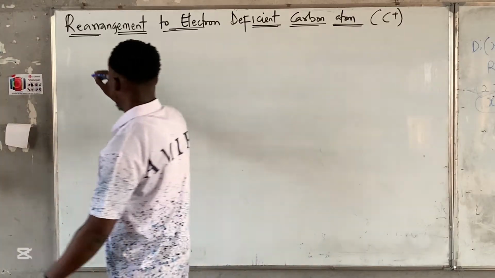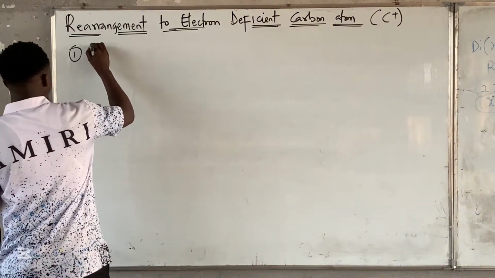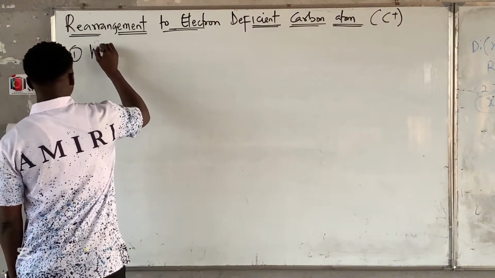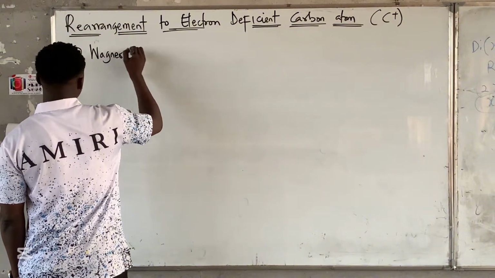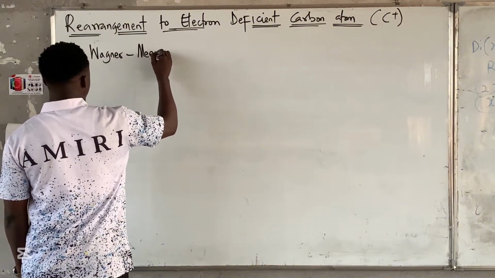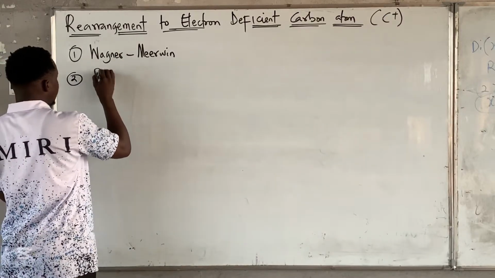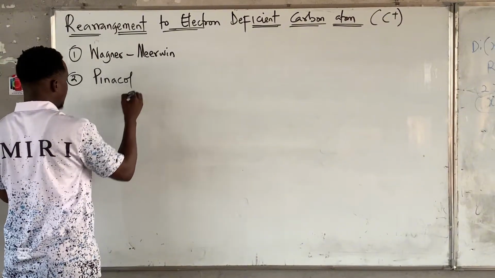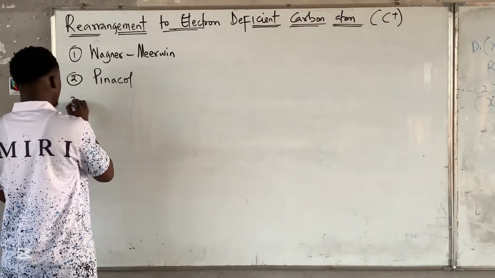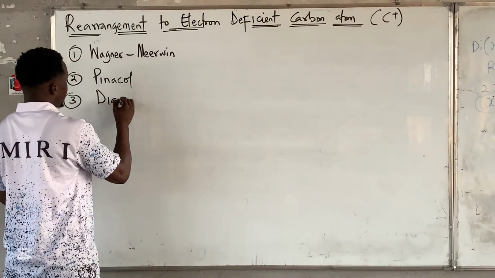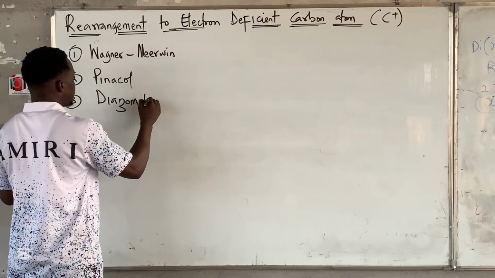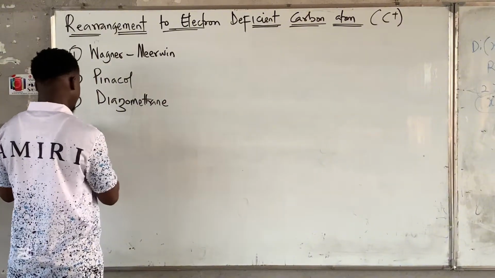So the first one we have, number one, the Wagner-Meerwein rearrangement. The second one we have the Pinacol. The third one we have the azomethane rearrangement.